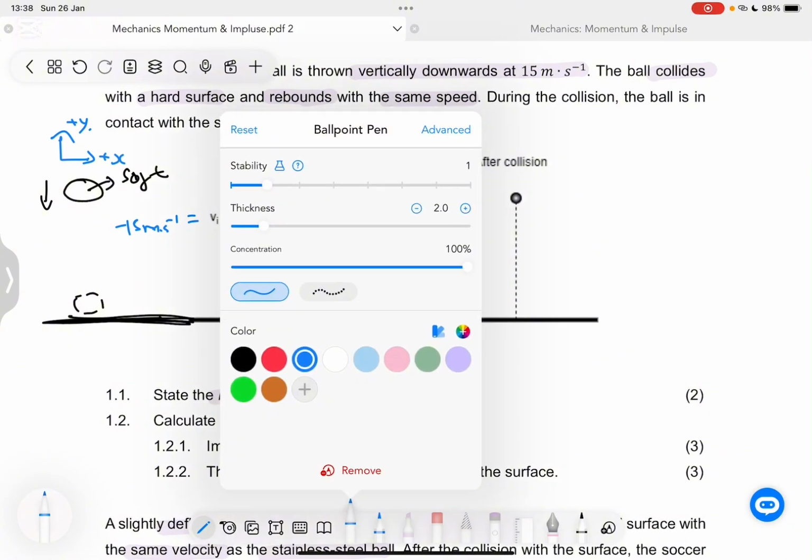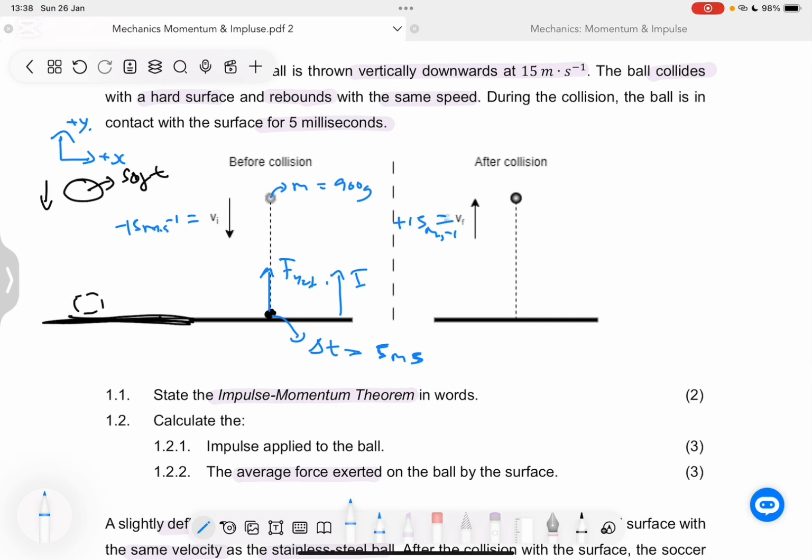When it collides with the surface, it's definitely going to experience a force in the same way as the steel ball did, right? It's going to experience a force in the same way that it did. This force will be a time varying force, right? So it will be a force that is exerted over a certain amount of time here. Change in t. I'll say change in t of the ball, just to distinguish it from this one.